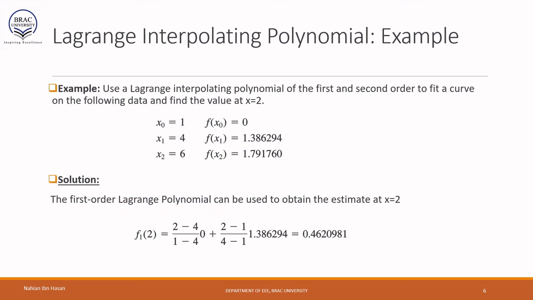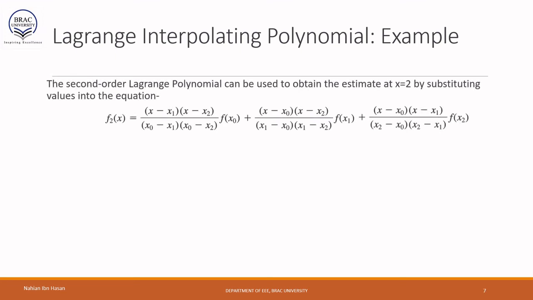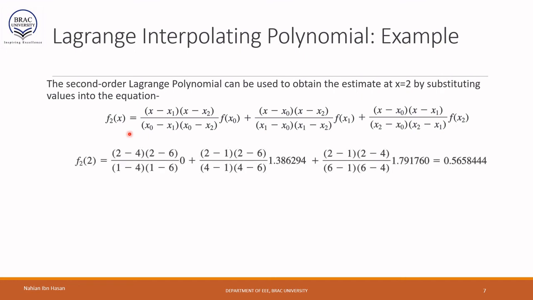We can use the second order Lagrange interpolating polynomial. It would give us a more accurate result, and if we use the second order equation, it would look something like this. This is the second order Lagrange interpolating polynomial, and we are going to substitute all the variables here from the question, and x should be equal to 2 because we are going to find out the value of the function at this point, and it turns out to be 0.565844.